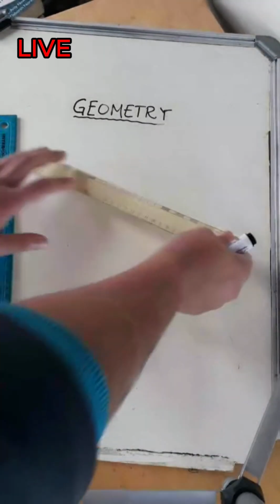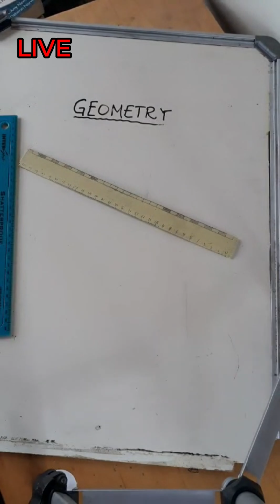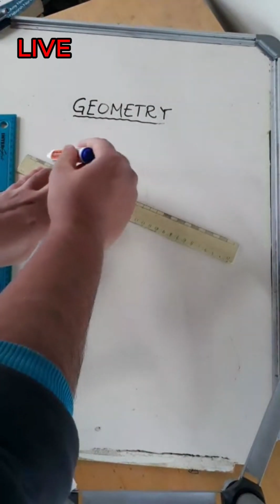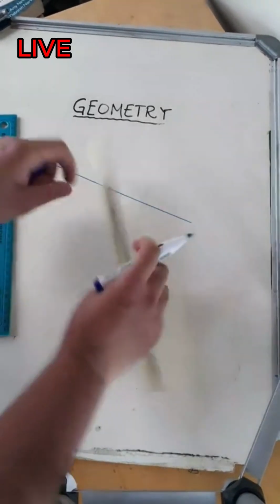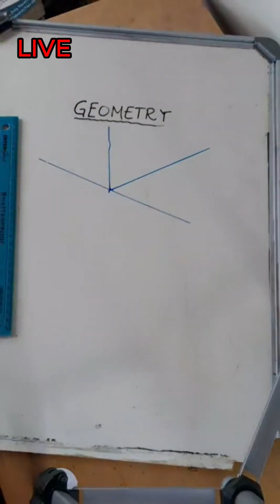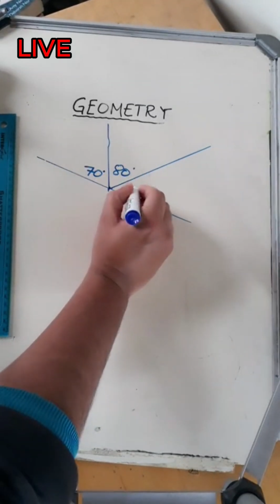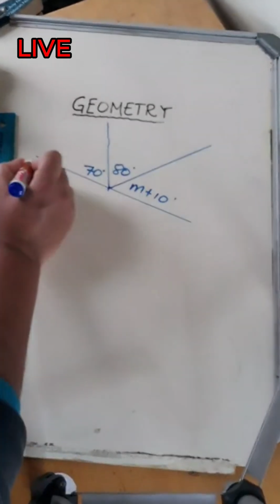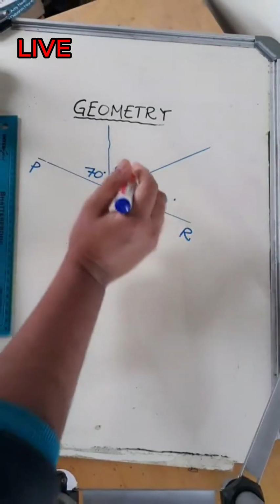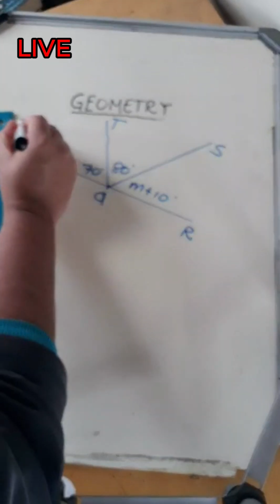This is 70 degrees, this is 80 degrees, this is M plus 10 degrees, and this is P, Q, R, and this is T, and this is S. This is question number 5, by the way, for those who have just joined us.